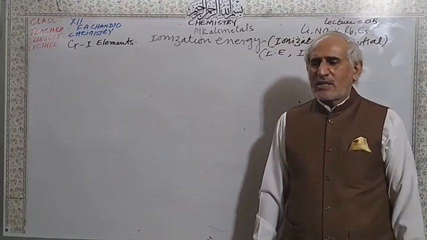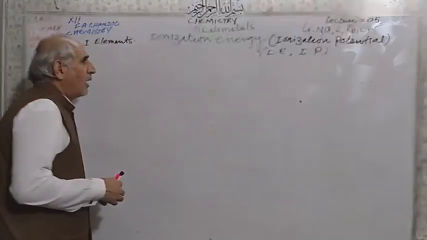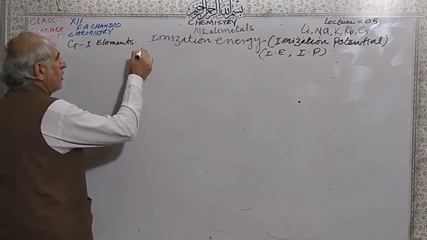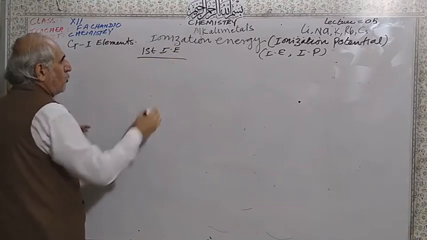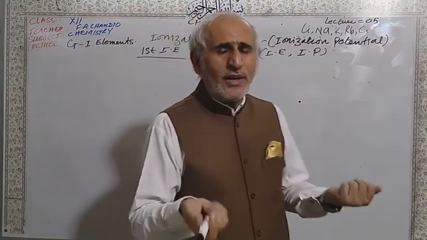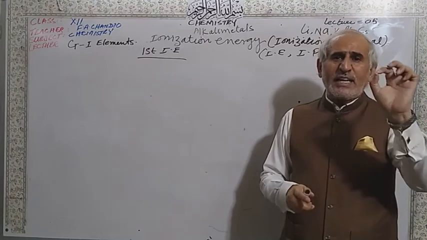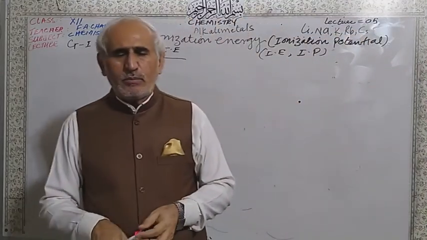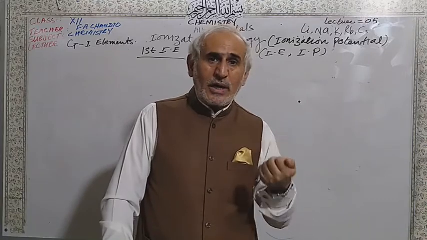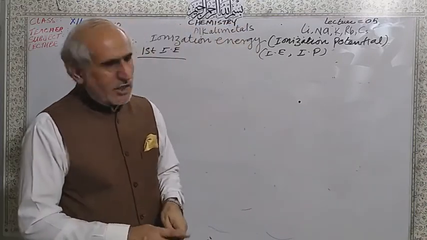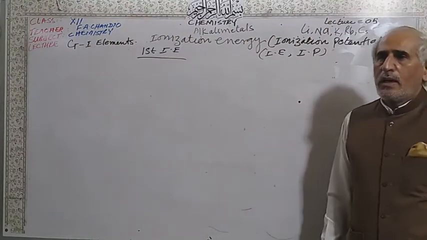Ionization energy, or ionization potential, is the minimum amount of energy required to remove the electron from the valence shell of a loosely bonded atom in the gaseous state to form a positive ion. The electron is removed to form a positive charge.